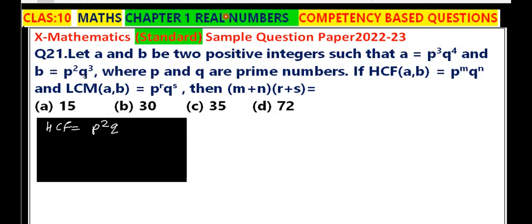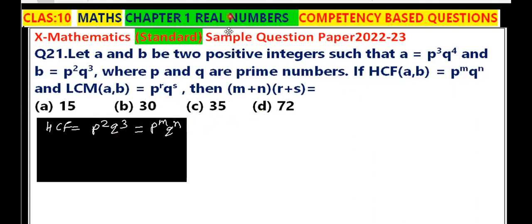That is Q power 3. So HCF आया हमारा P power 2 and Q power 3. And it is given that HCF is P power M into Q power N. देखिए ये रहा आपका HCF, ये देखा है.